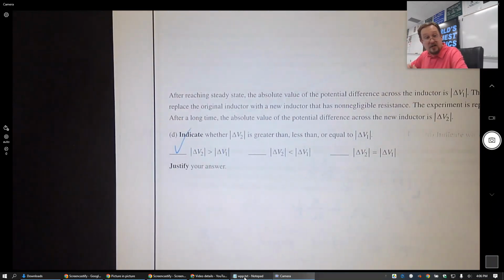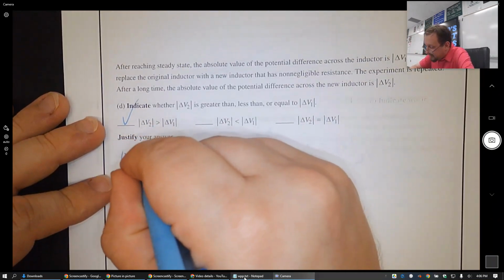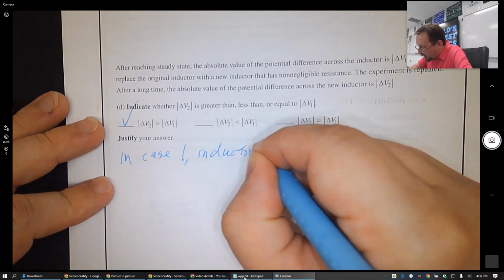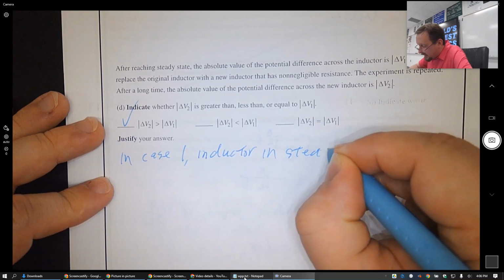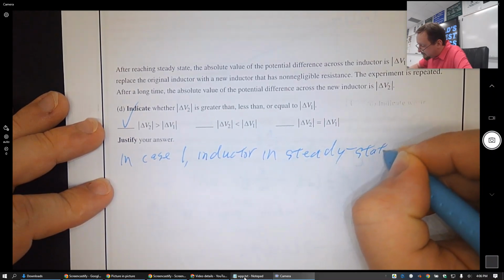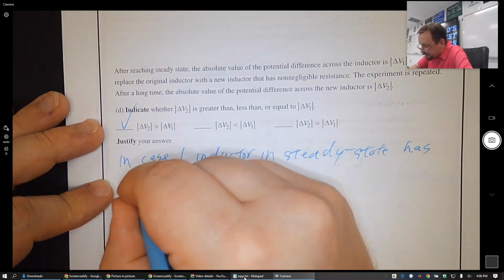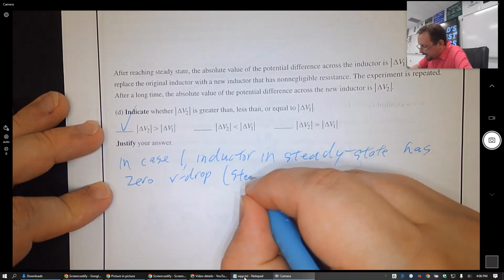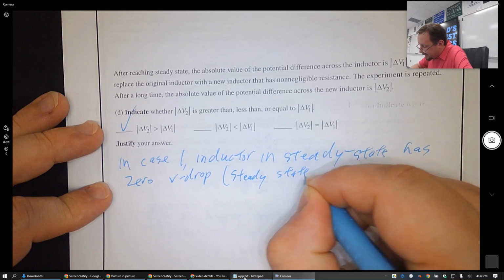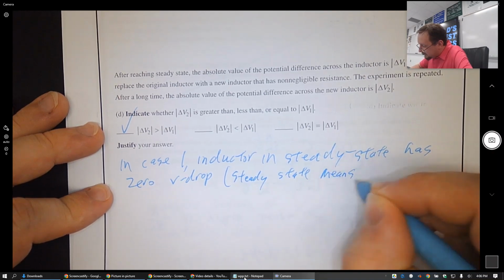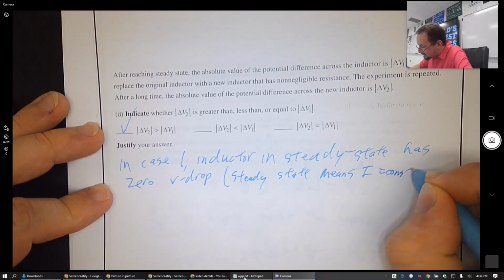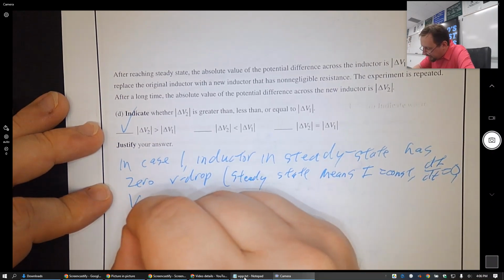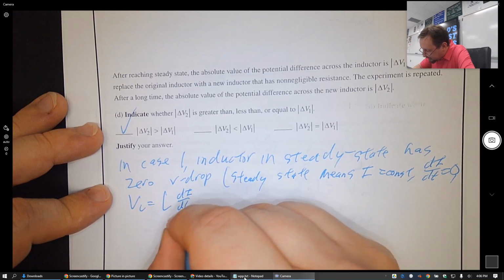Something's greater than 0. Justify your answer. In case 1, the inductor in steady state has 0 voltage drop. Why? Because steady state means I is constant, so di/dt is 0, and the voltage on the inductor, which is L di/dt, is 0.